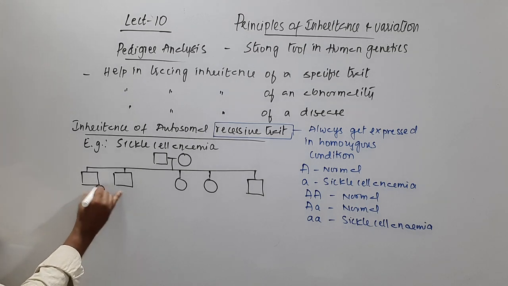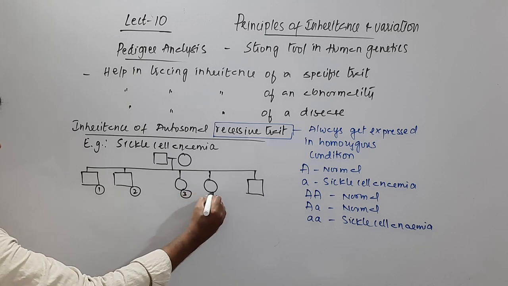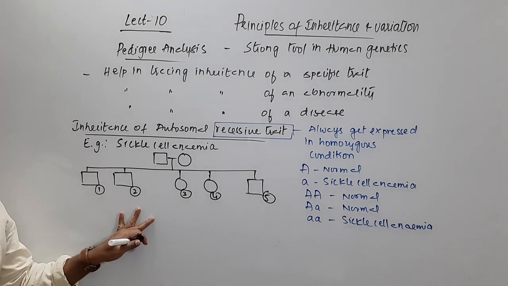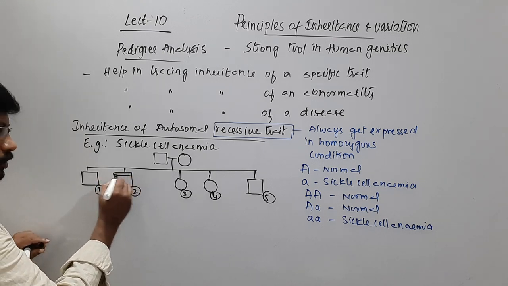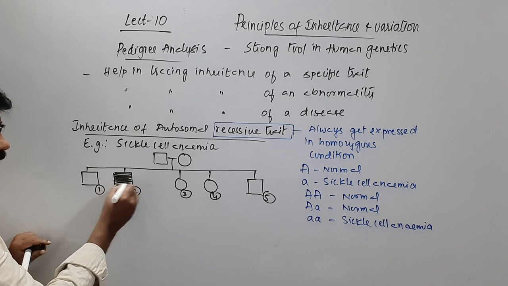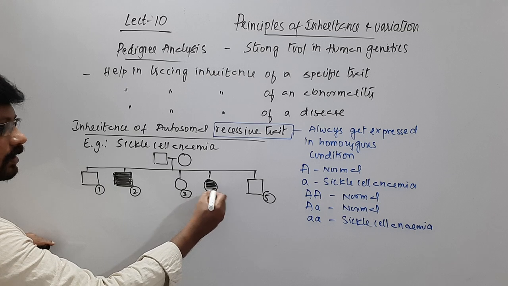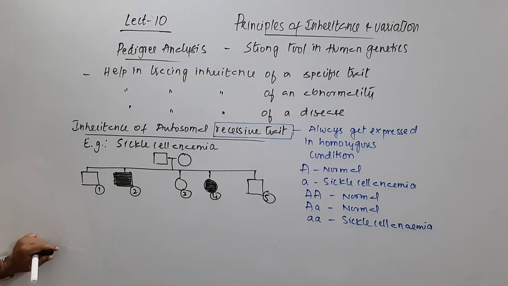So he's the eldest, then the second, third, fourth, and this is the youngest one. Of the five children, one son and one daughter show the sickle cell anemia condition.